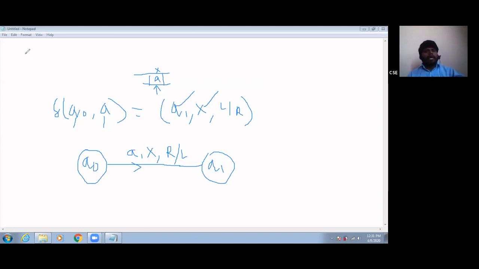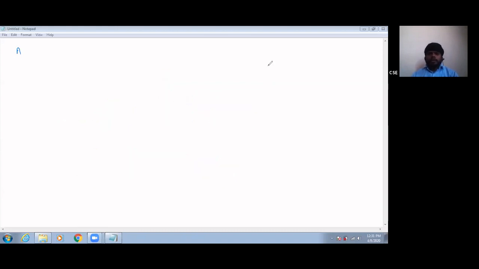That is, your computation is performed and completed. Acceptance has three parts. Acceptance of the Turing machine.